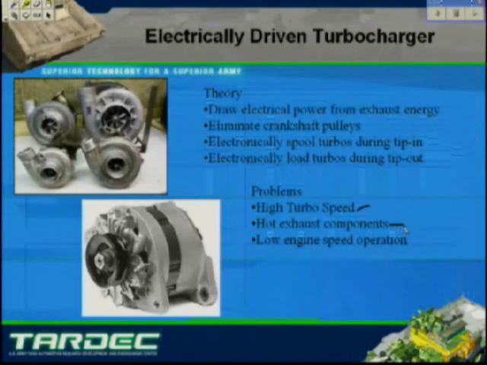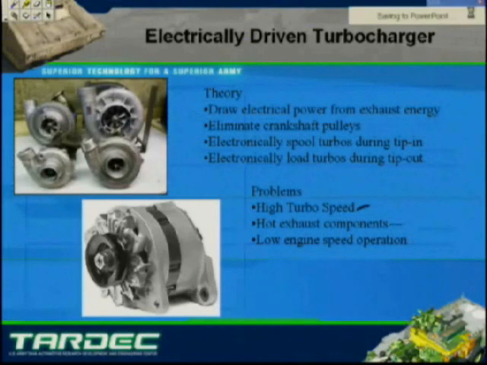So all your components will either have to be isolated from that or moved away from it. And then also, turbochargers generally take away engine power at low speeds. You'll have a less net output of engine power at low speed, and you wouldn't be able to power an alternator at low engine speed because you wouldn't have the exhaust pressure forcing the turbocharger to spin. But it's just an idea.